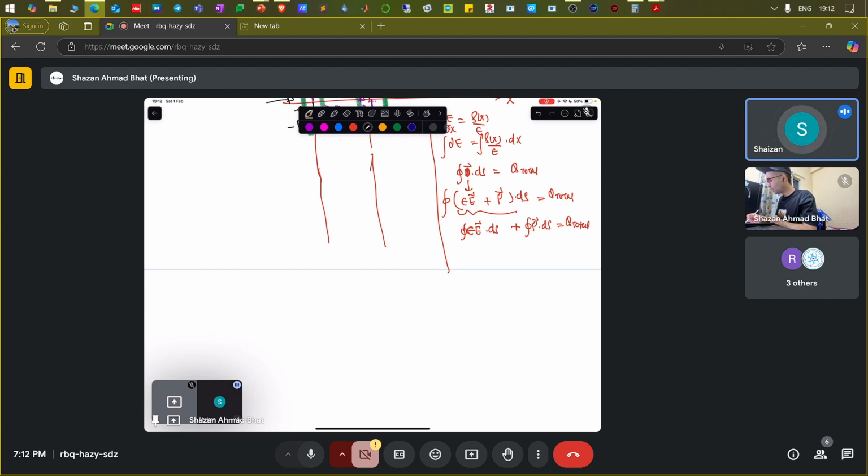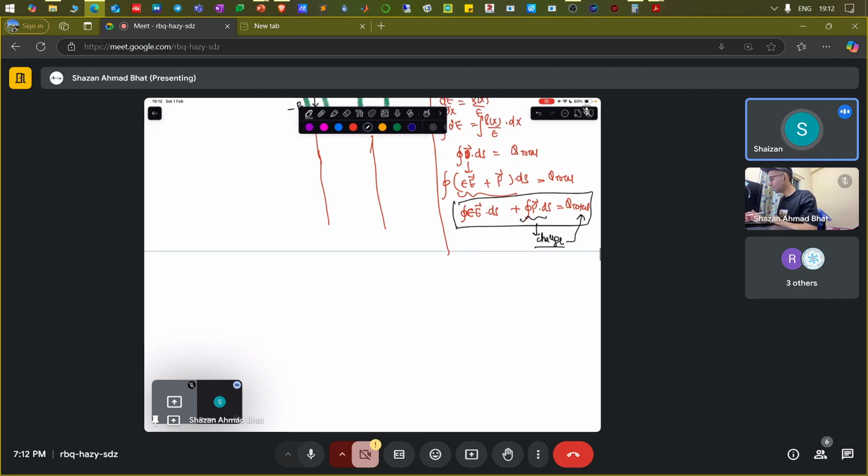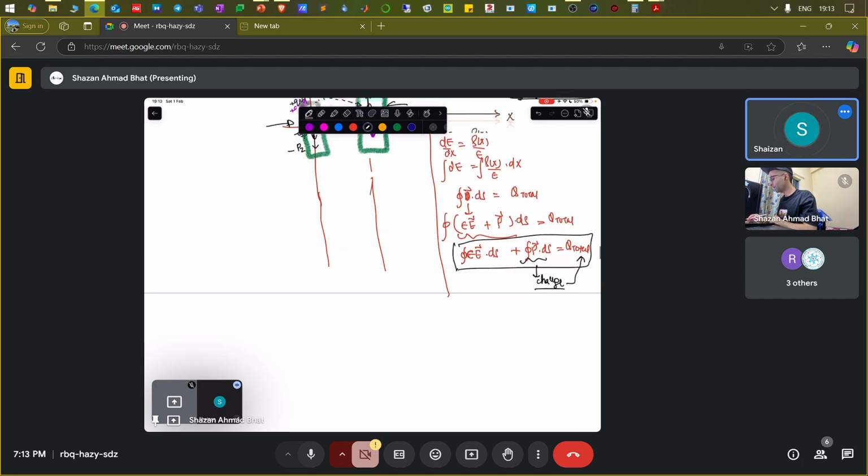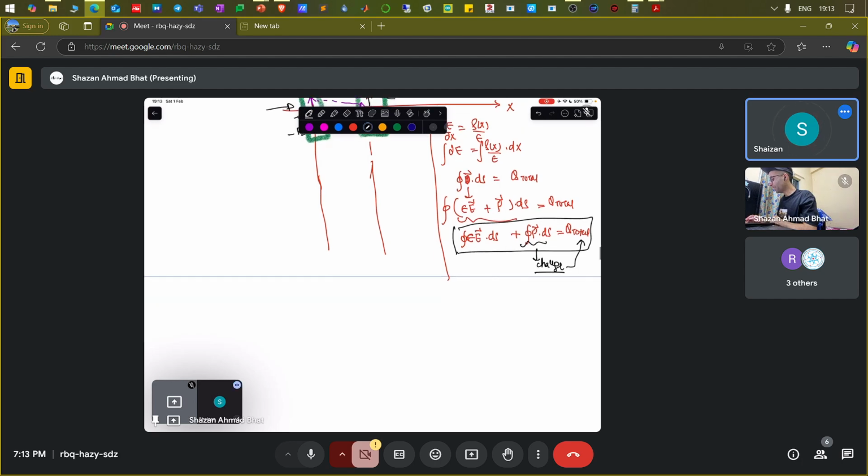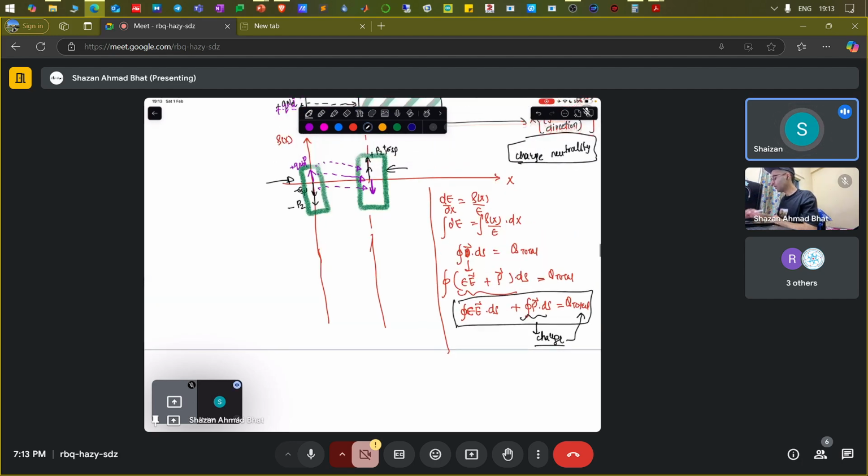That means this polarization component is actually a charge. It's behaving like a charge because there's a charge on the right hand side. So you have to consider it while writing the overall Maxwell equation for it, whatever you call the Poisson equation. That particular polarization is also giving rise to these particular charges.